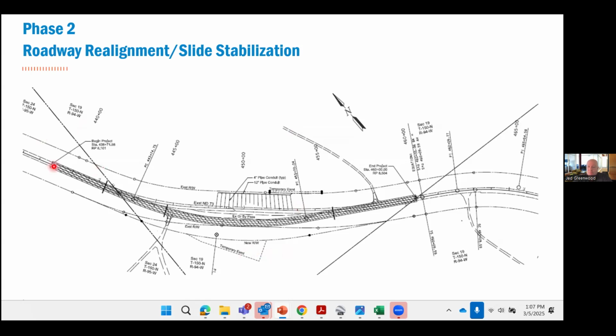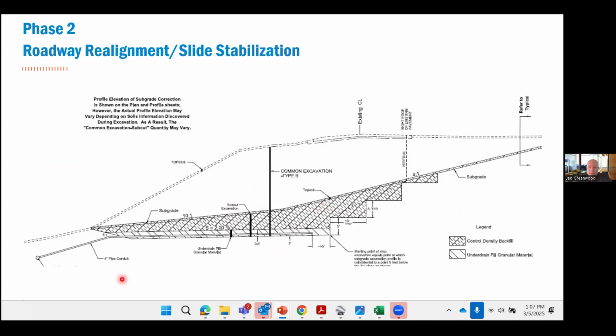But this is the plan view. The original center line, the highway went through here. They rerouted the highway slightly upslope, and then installed a drainage blanket at the bottom with some pipes. I'll show in cross section now what that looks like.